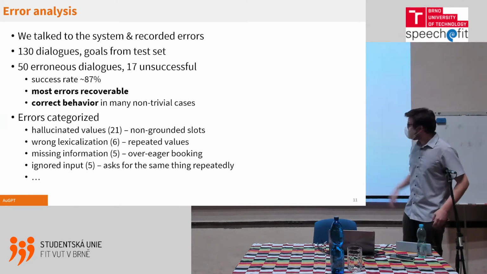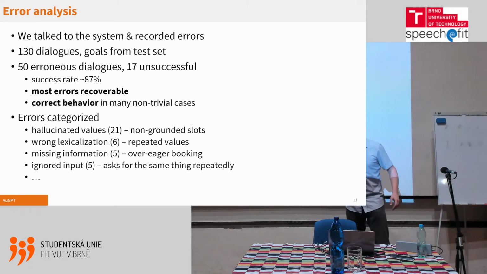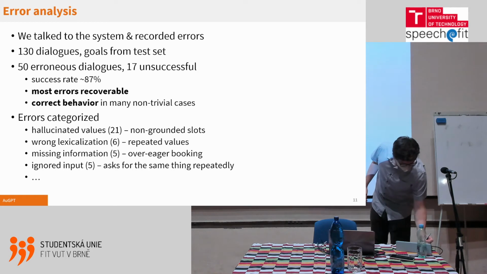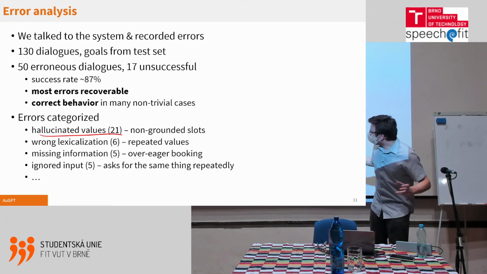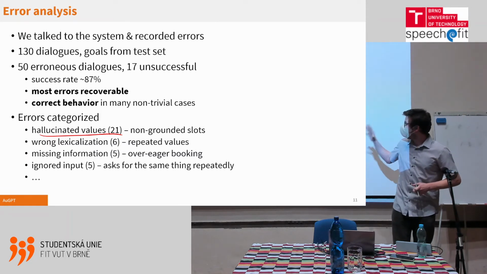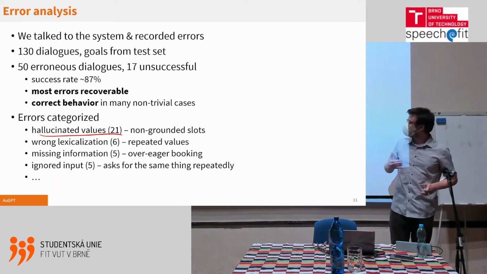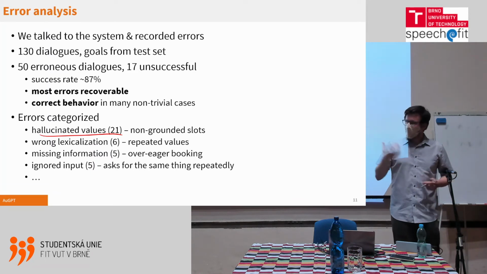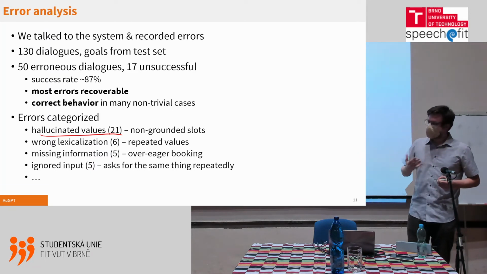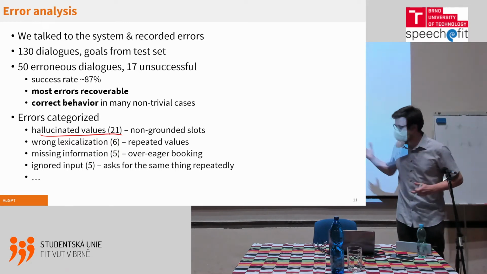The errors we found correspond to what we saw in the human evaluation, and that is that the most common type of error is that the system invents a slot for the user. Basically, I just say I'm looking for a hotel, and the system automatically starts offering hotels in the north of town, because it somehow assumes that I'm looking for a hotel in the north, even though I never said that.